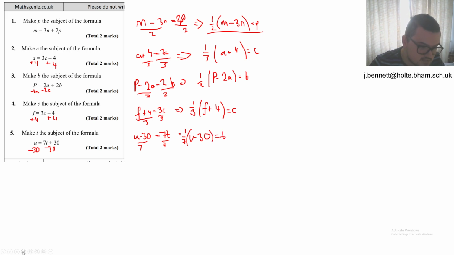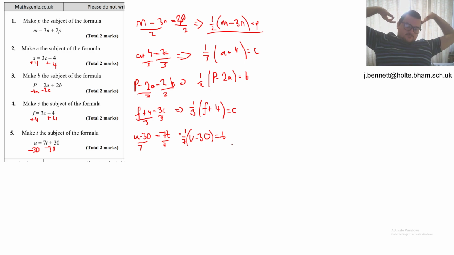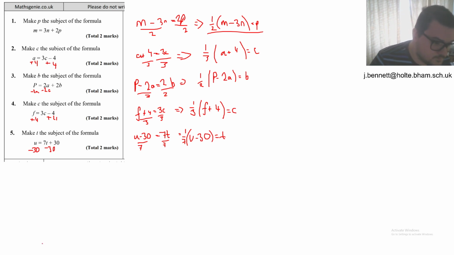I'm going to just do that again, just so it's a bit clearer. 1/7 of u minus 30 is t. That is the first part of this homework. Let's go to the next slide.